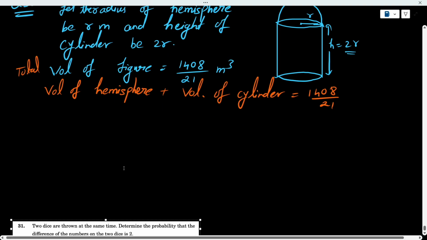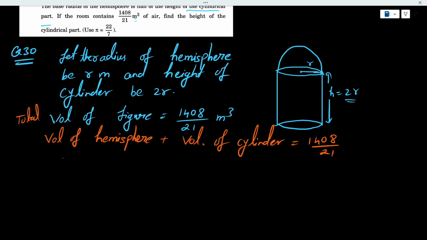Right? So what is the volume of a hemisphere? We know that it's 2 by 3 pi r cube, plus what is the volume of a cylinder? Pi r square h, because the radius is the same for cylinder and hemisphere, so we can take r only. 1408 by 21. This is your equation here.